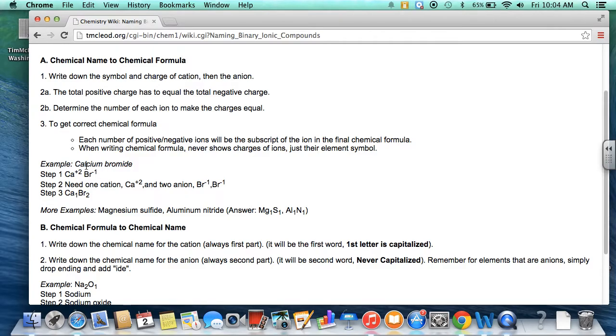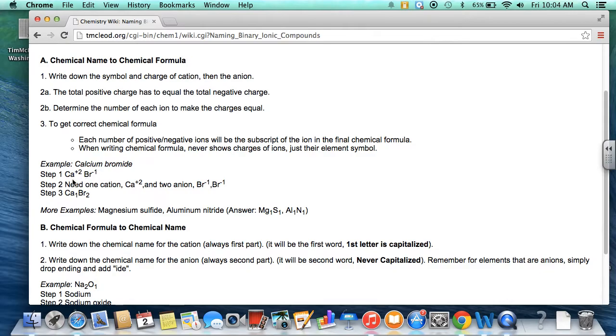So the calcium ion is, as you can see, Ca. It's actually supposed to be 2 plus, not plus 2, so I will change that later. Then you write down the anion name, which is bromide, which is Br 1 minus, not minus 1. It's a little technical, but we'll get to it later.